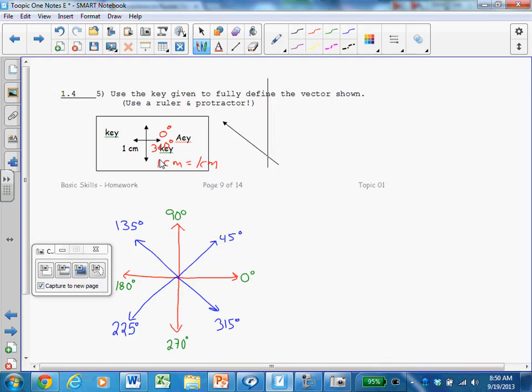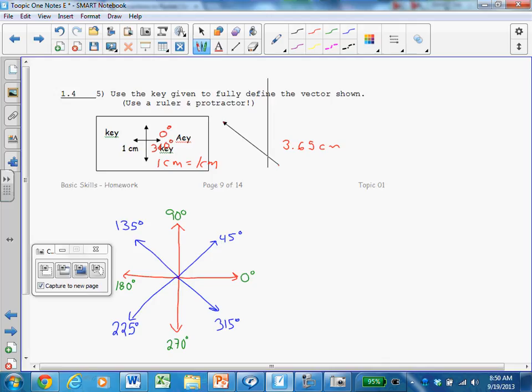Are you measuring it from here to the tip? It's the whole vector, 3.6. Okay, is it about 3.65? Because we can estimate, the proper way would be to estimate that last digit. So you would write it as 3.65 centimeters. Now since it's 1 centimeter equals 1 centimeter, that's all we have to do.